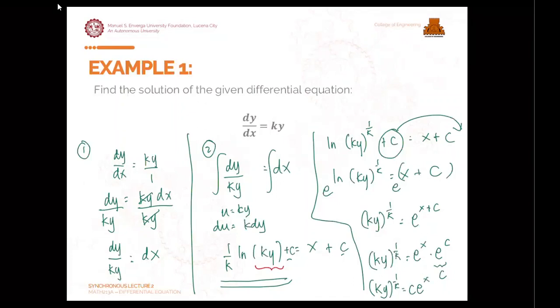Okay? So, ito na yung given solution natin para sa problem. Okay? So, hindi naman siya initial value problem. So, hindi natin ma-eliminate yung value ni c. Okay? Question to?